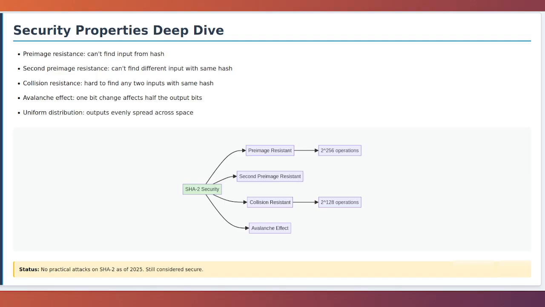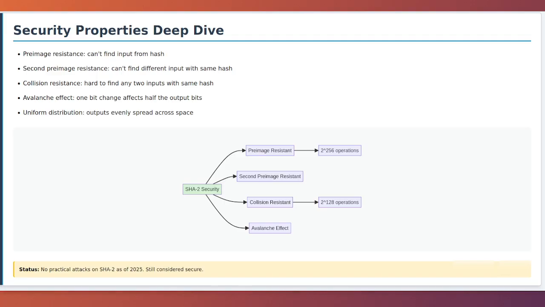Property 2 is second preimage resistance. Given a message M1, it should be hard to find a different message M2 such that hash of M1 equals hash of M2. This is crucial for digital signatures. An attacker with a signed document should not be able to find a different document with the same hash, and therefore, the same signature. Property 3 is collision resistance.